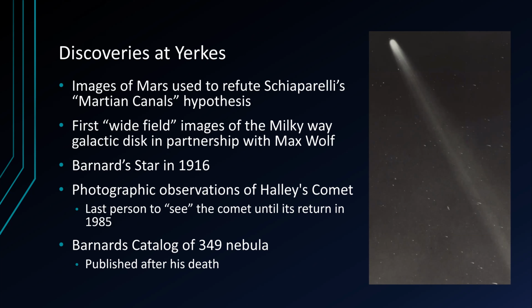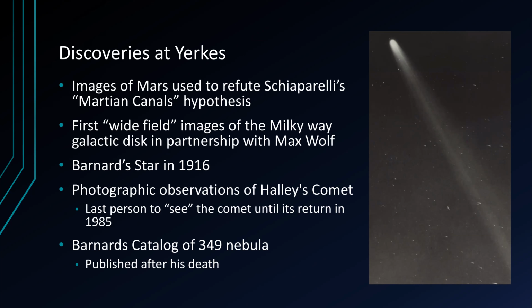He would also go on to assemble a pretty big catalog of about 349 other nebulas with the Bruce telescope. Some more prominent examples of these are Barnard's Loop, which is this giant stream of gas that's hanging off of the big side of Orion. The Horsehead Nebula is also part of this catalog.